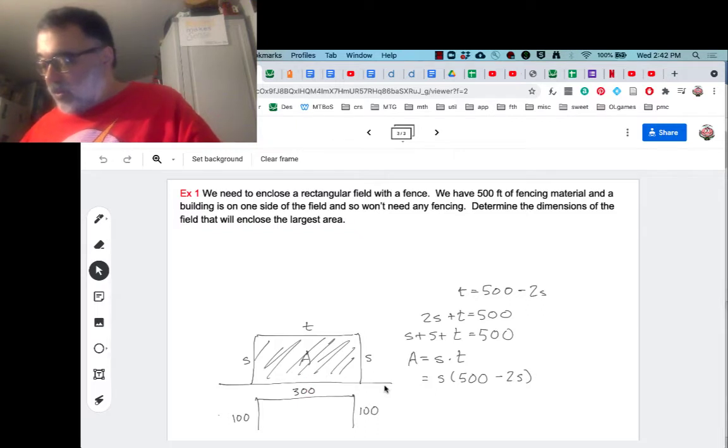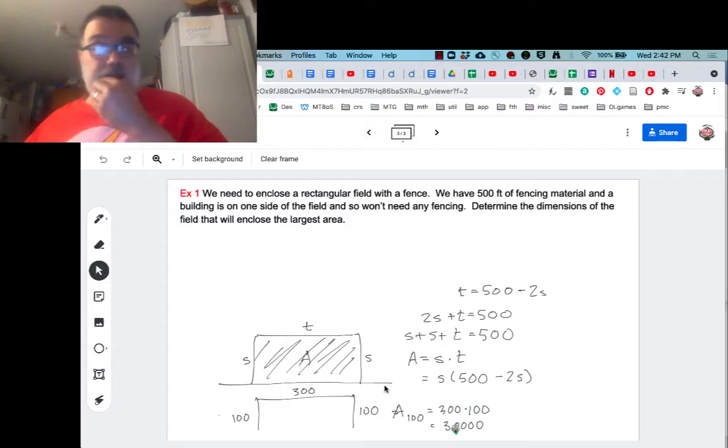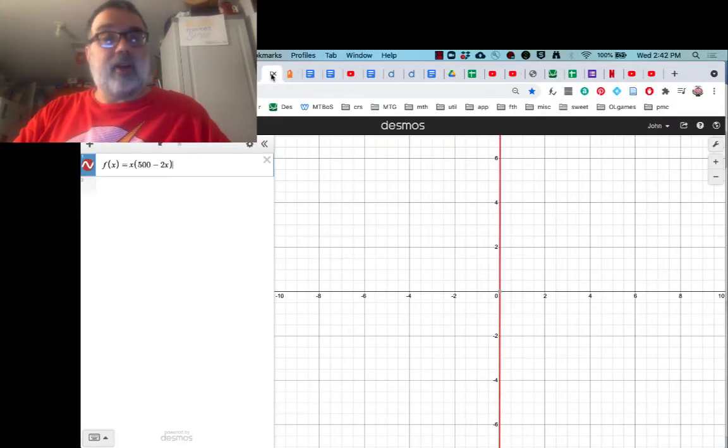And the numbers that we're looking at then, the area for this one, when the side length was 100, would be 300 times 100. So we're talking about big areas in terms of square feet. That's 30,000 square feet.